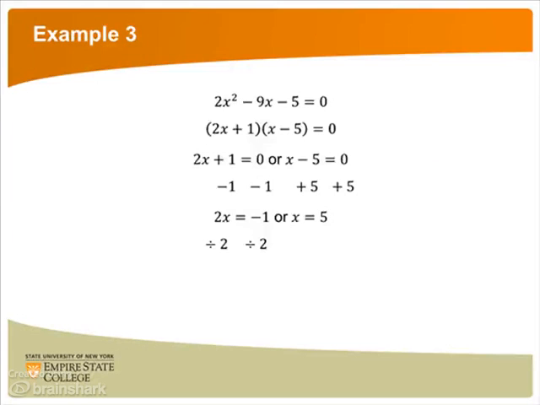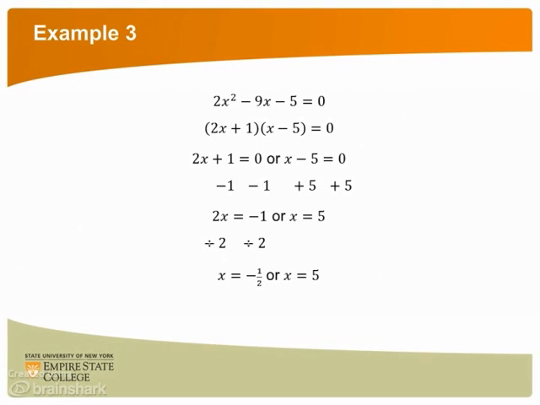We need to divide both sides of the first equation by 2 in order to solve. This gives us the solution x equals negative 1/2, along with the other solution x equals 5 that we found previously.